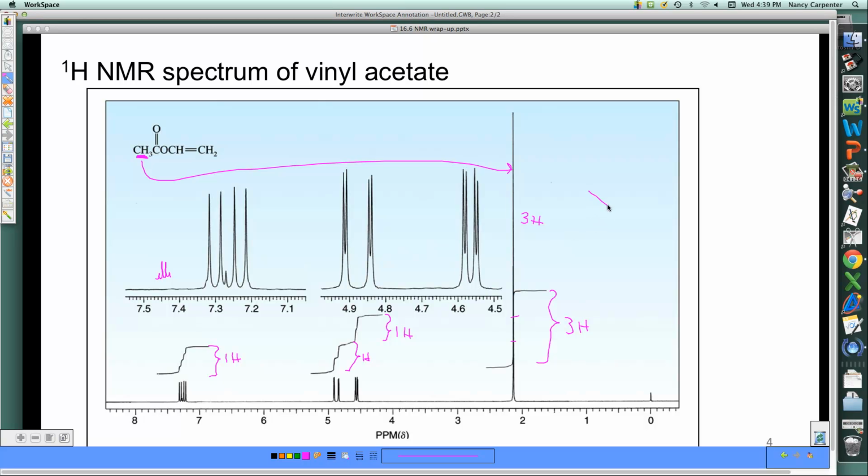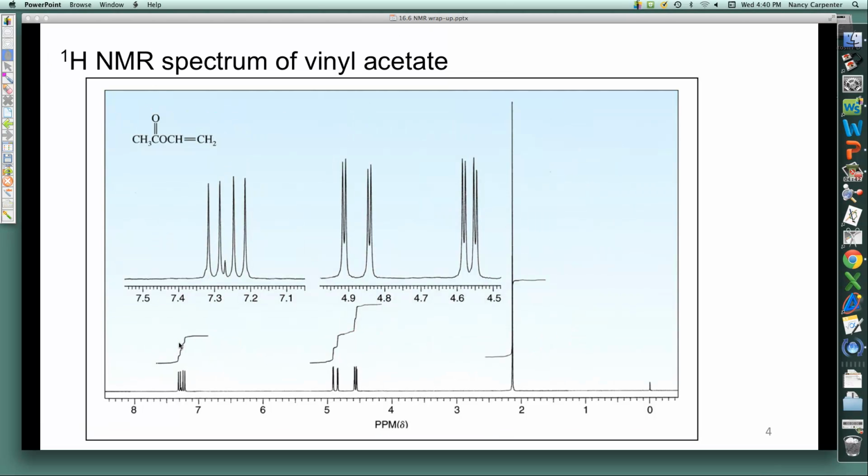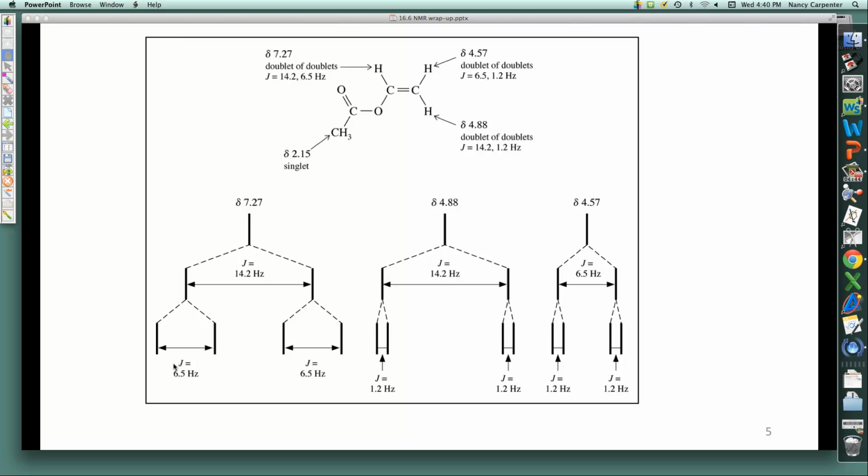Well, remember, we're looking at 3 unique hydrogens. These 3 vinyl hydrogens have 3 unique signals and 3 unique splitting patterns. How do we analyze them? This is how we analyze them, with our splitting diagrams.